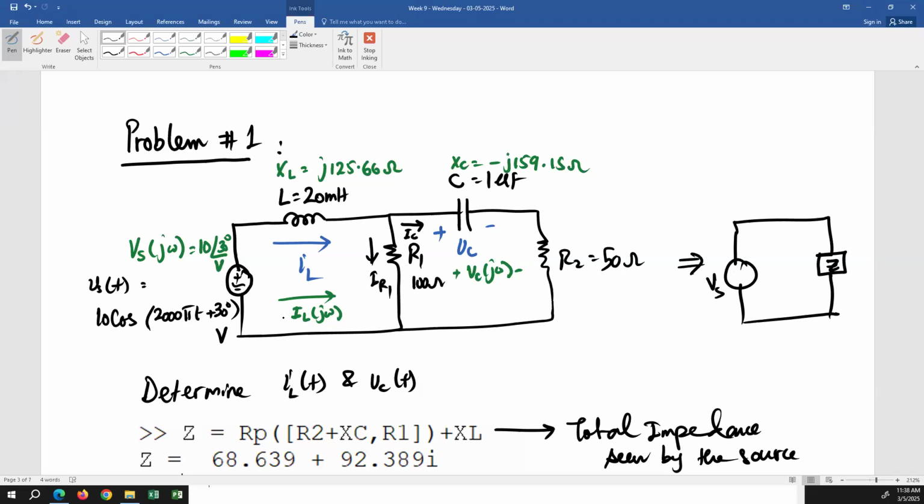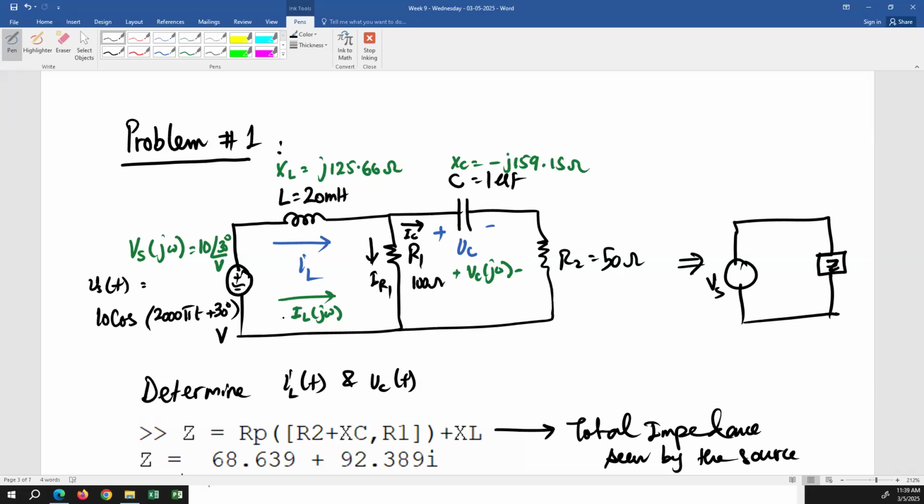Okay, anyone else? What is the current division equation? Yes, you remember? Everyone should know. It's the opposite of voltage division. Remember that. It's the opposite of voltage division.